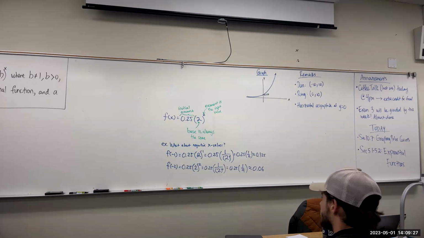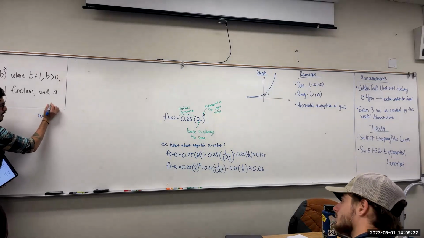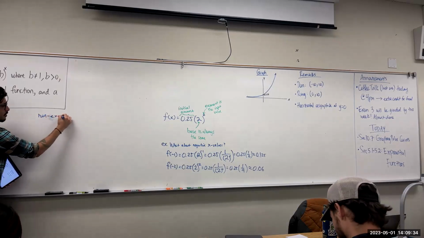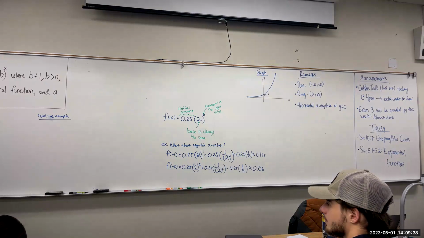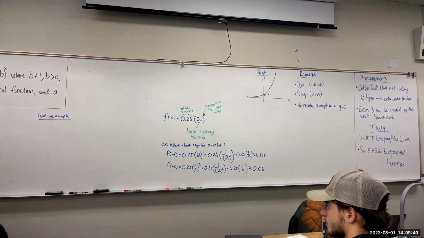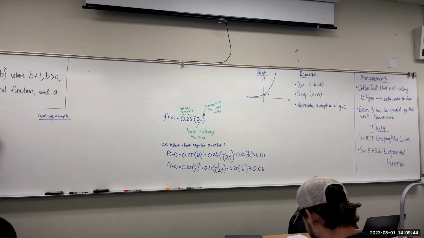So that's perfect. But yeah, let me show you some examples and some non-examples, so that way you guys can see it and be like, okay, this is exponential, this one's not. So let's say you have y equals 3 to the power of 0.5x.